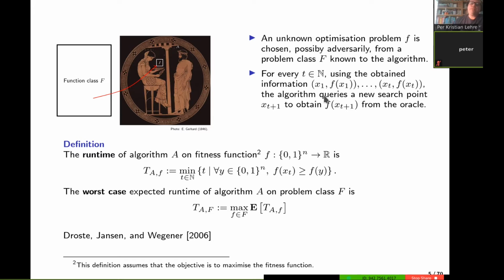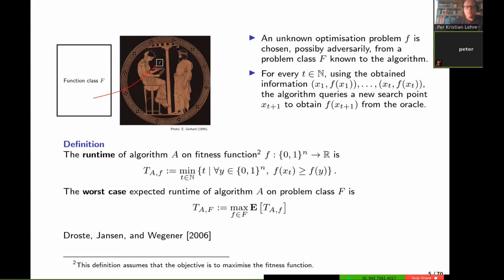Okay, so this kind of scenario might seem quite far away from how typical evolutionary algorithms work, but from a theoretical point of view, this is essentially what the algorithm sees. It can manipulate search points, and it can obtain fitness values for particular search points. This is to distinguish it, for example, from gradient descent.